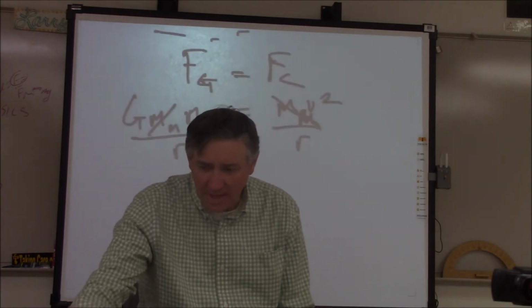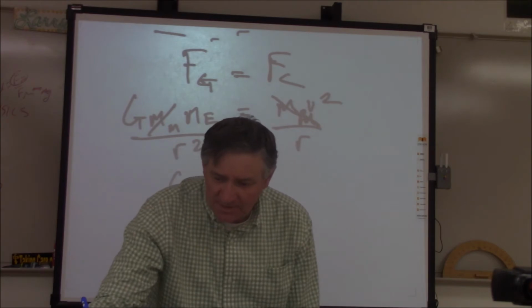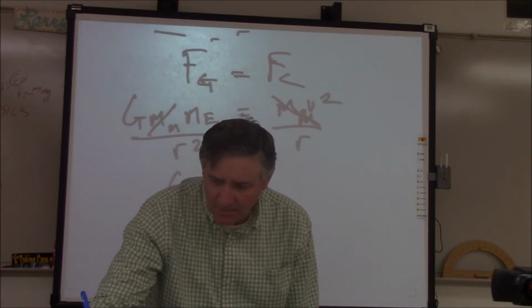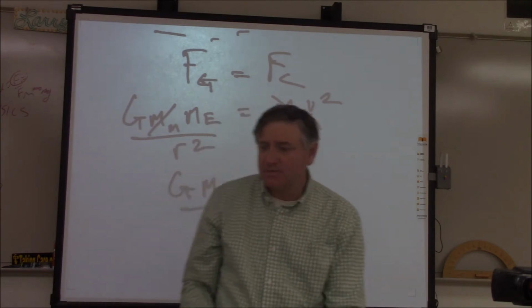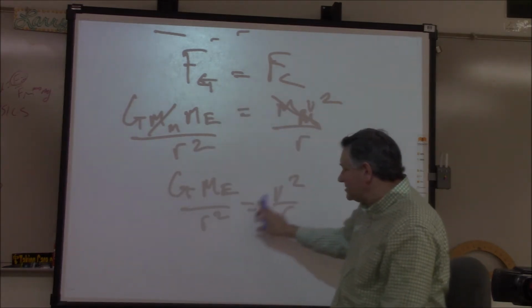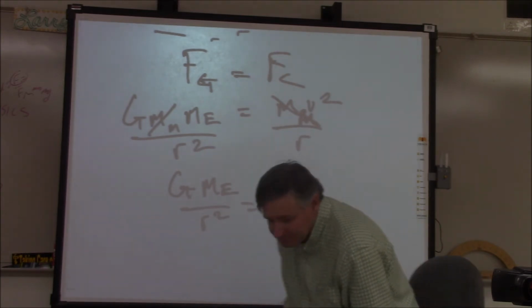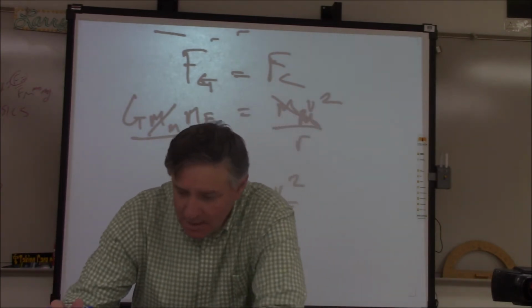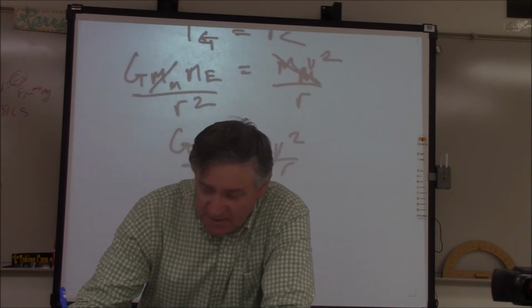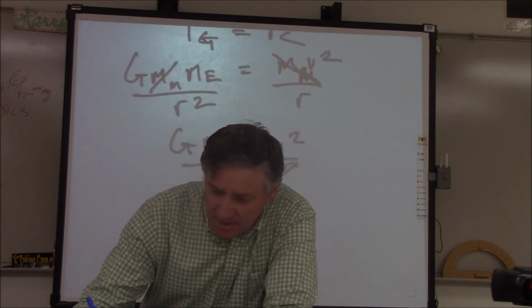So here's what we've got. We've got big G times the mass of the Earth over r squared equals v squared over r. So now, I hate fractions, so I'm going to multiply this over. Because I want to get v by itself, I'm going to multiply this side by r.